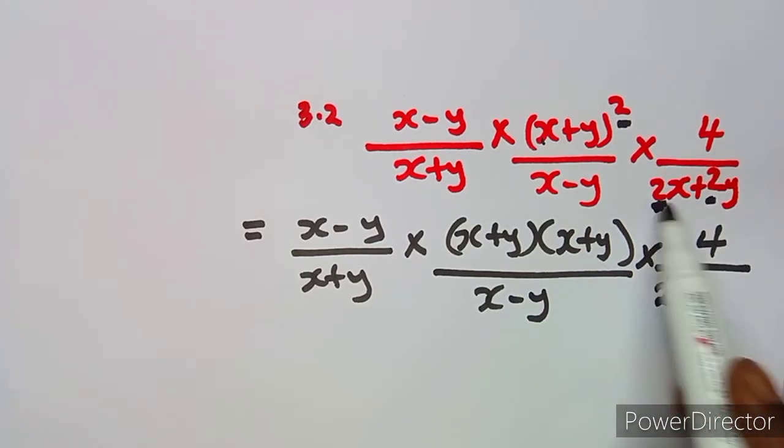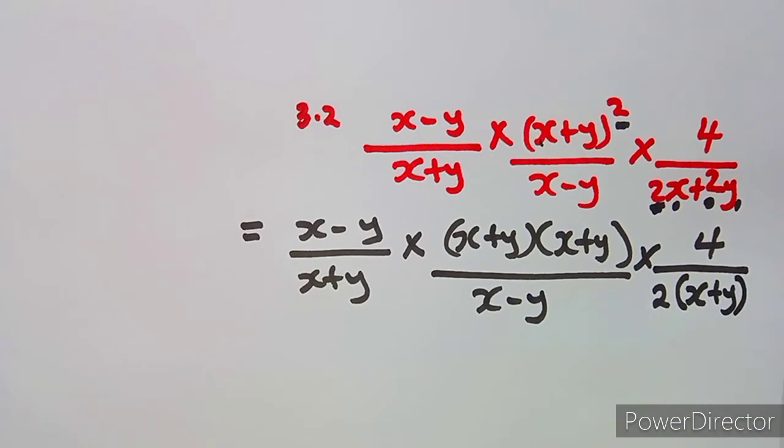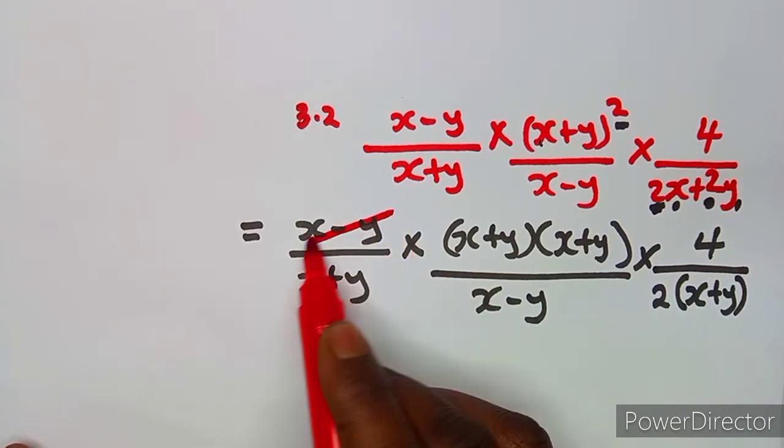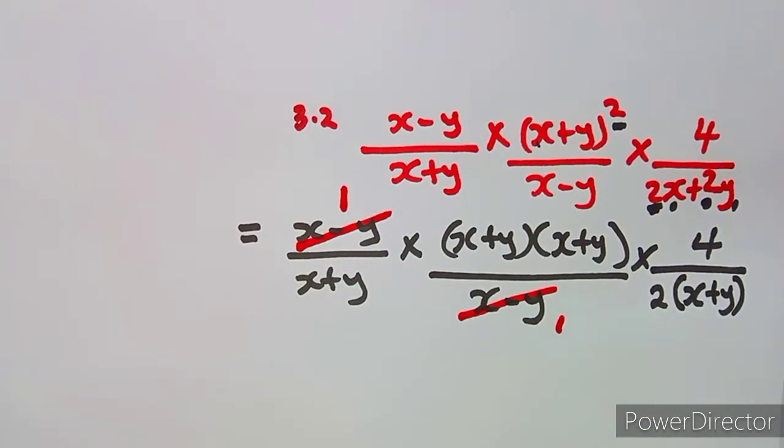The moment I factor out 2, I'm going to be left with x plus y, like that. Now you've factorized and written it in a simpler version so you can see where to cancel the numerator versus the denominator. So you're going to cancel this x minus y with x minus y, which is 1.